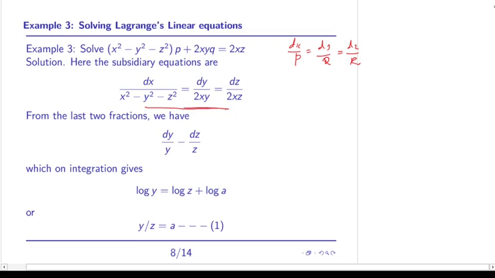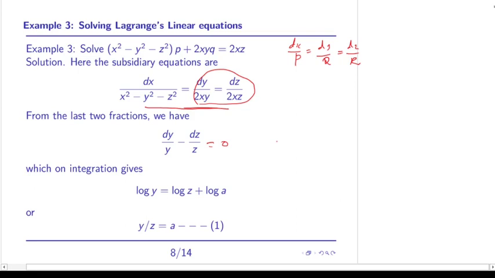Now you can see these two things, because clearly by equating these two you can separate variables. We can cancel 2x from both sides. So finally what we get is dy by y equal to dz by z, or dy by y minus dz by z equal to 0. You can directly integrate this.